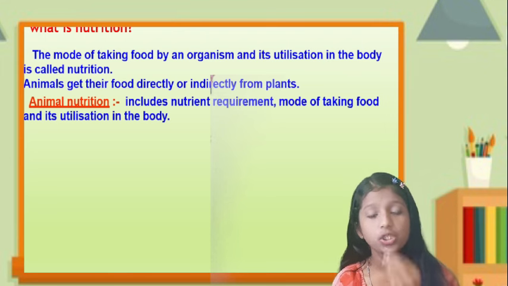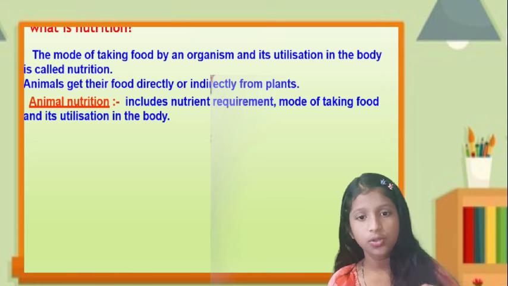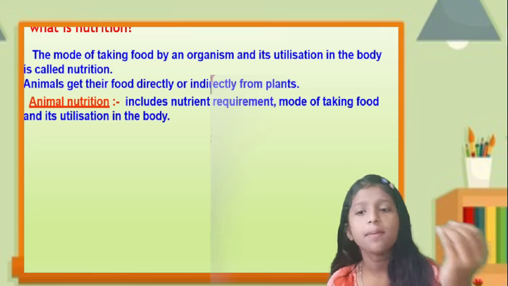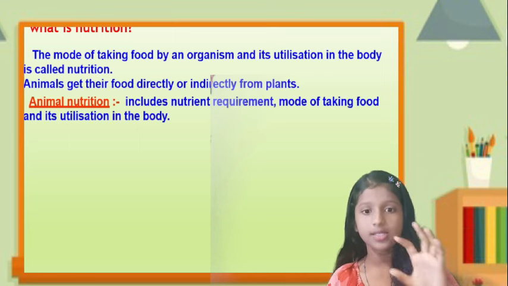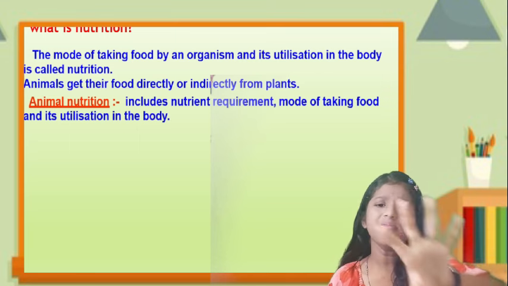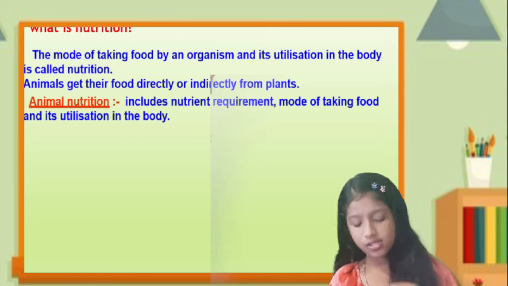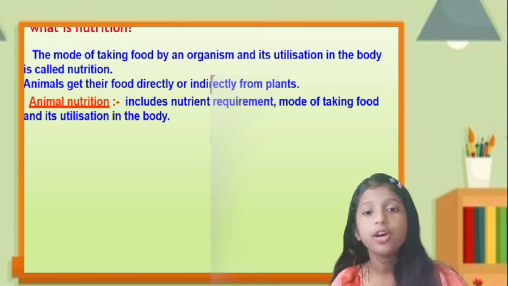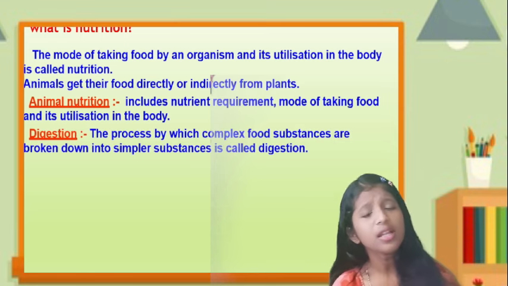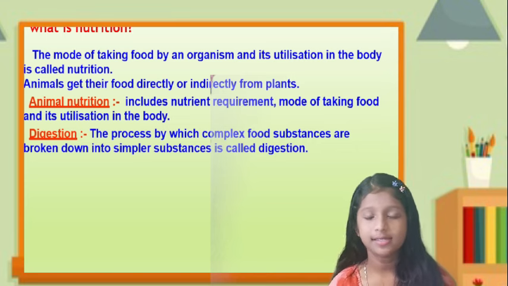It means the food that animals take in is digested, and the body makes use of it. This is known as animal nutrition. It is the same process as nutrition, here for animals. What is digestion? Not that food goes into our stomach and gets excreted.